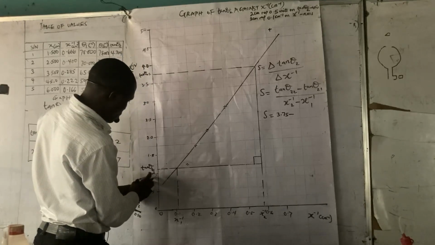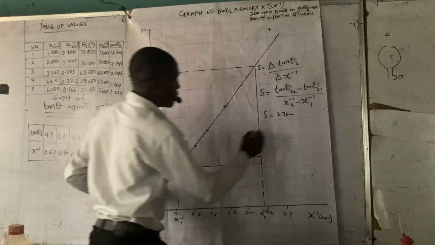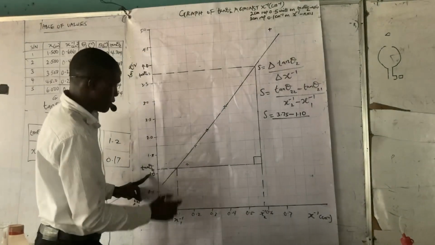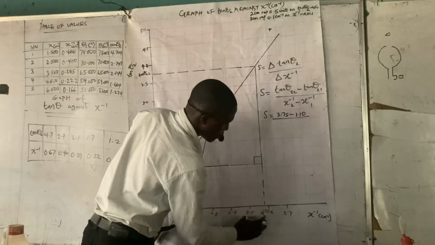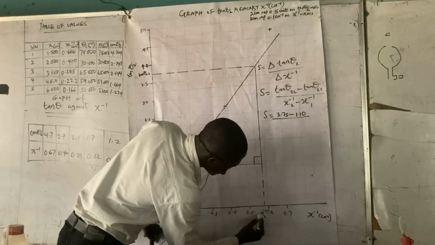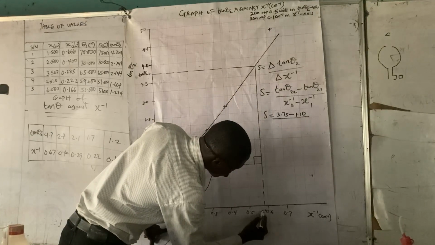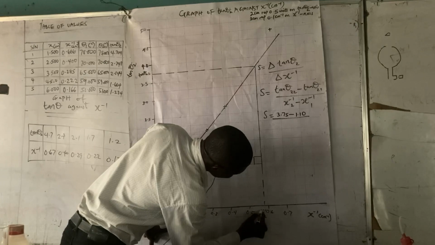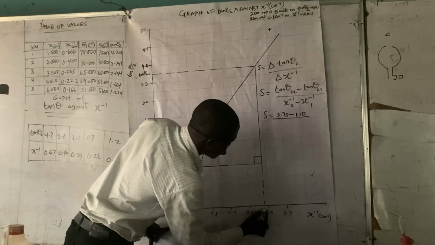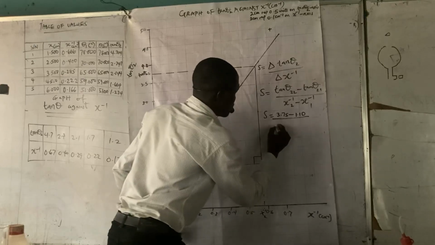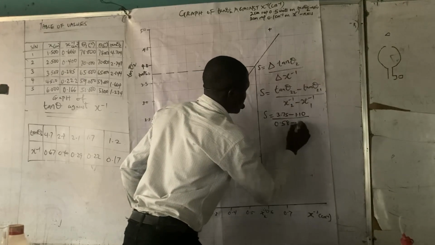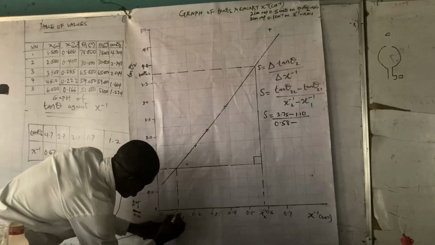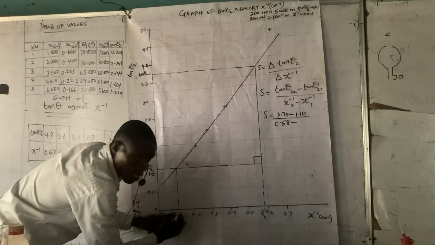So this is 1.10, all over x inverse 2, which is 0.55, 0.56, 0.57, 0.58. 0.58 minus, now we have 0.1 here, 0.11, 0.12.